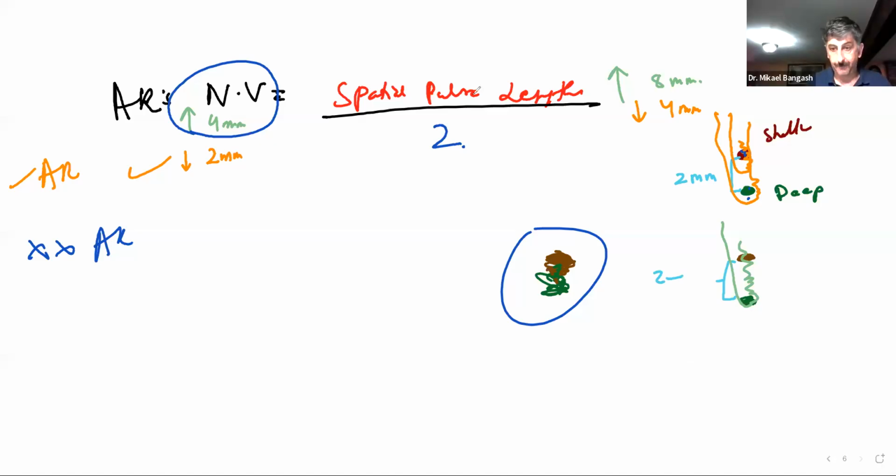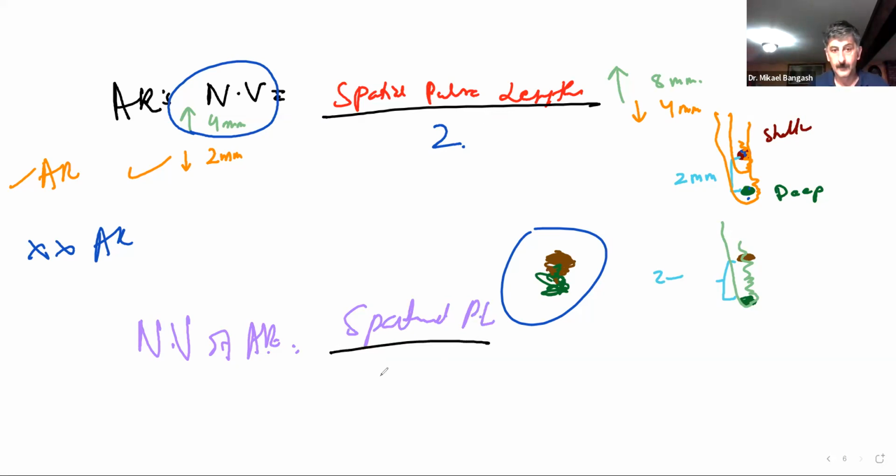Practically, we can mainly say that the numerical value of the axial resolution is going to be your spatial pulse length divided by 2.